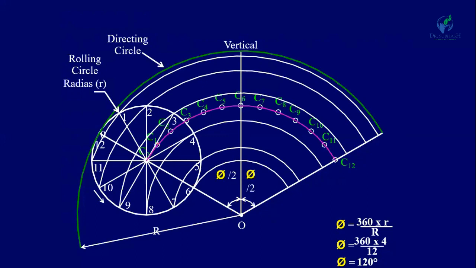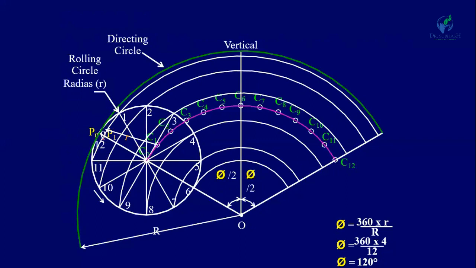With C1 as a center, radius equal to the radius of the rolling circle, draw an arc. Initially the point P0 will be here. Now with C1 as a center and radius R, you will get the point P1 here.